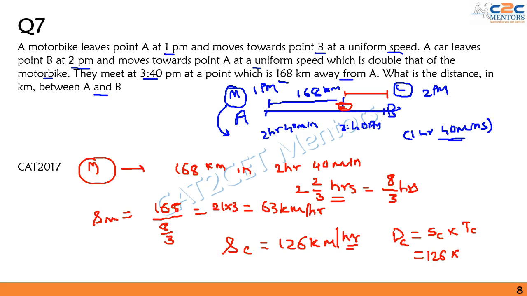Time taken by the car is 1 hour 40 minutes, or 100 minutes converted into hours. This is equal to 210 kilometers. So I know that this distance is 210 kilometers. The initial distance is 168 kilometers. Hence the distance AB in this scenario will be 168 plus 210. This is equal to 378 kilometers.